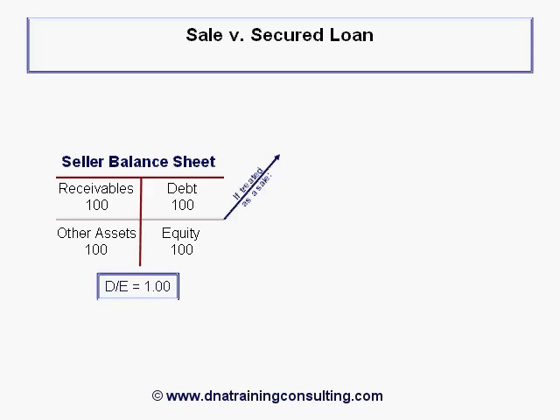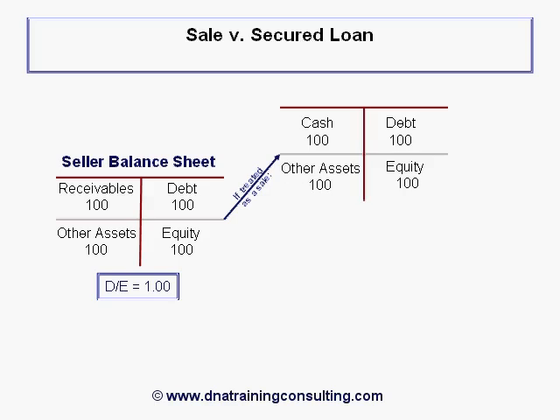Sale treatment, if it is granted, would simply require the seller to replace the receivables with the cash received from the SPV, leaving the debt-equity ratio unchanged. We have ignored the accounting treatment for the haircut, which complicates matters a little, but in a way that does not affect the teaching point of this illustration.